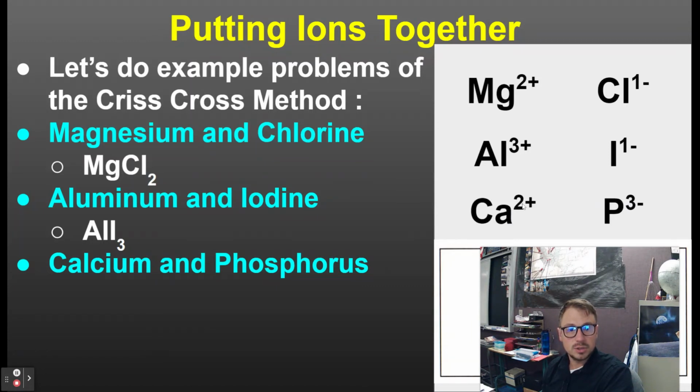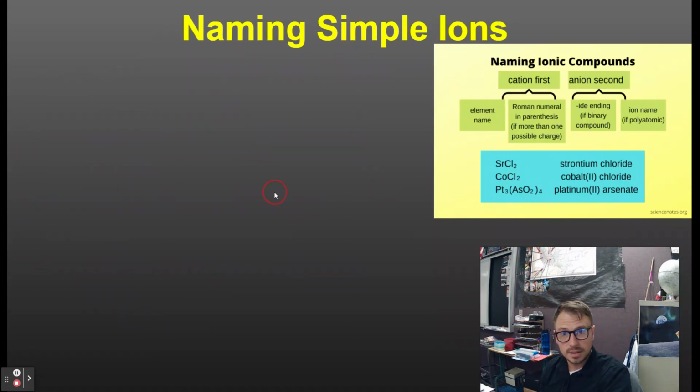And then the 2 positive charge tells me I'm going to need 2 phosphorus. So I get Ca3P2, right? So that's how the crisscross method can come into play. 3 times 2 positive charges is +6, and 2 times 3 negative charges is -6. So it balances out to be that neutral compound.